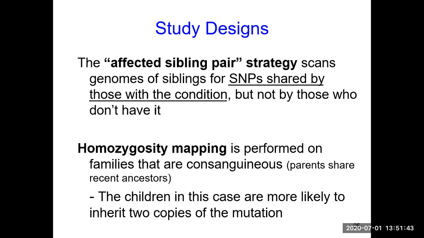The reason being, when people marry close relatives, there's a higher chance of recessive mutations coming up in double doses, because people in the same family may have the same recessive mutations. If you are marrying somebody who's not related to you, there's a very low chance that you will also end up with another individual who has the same recessive mutation. But there is a high chance if you marry a person in the same family that you end up with another person who also has that same mutation.